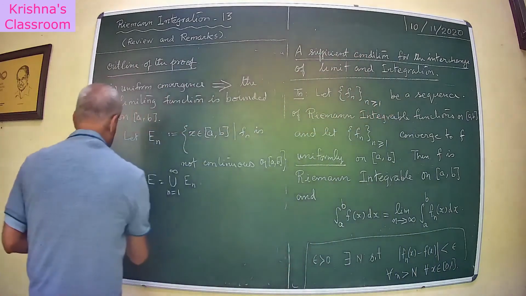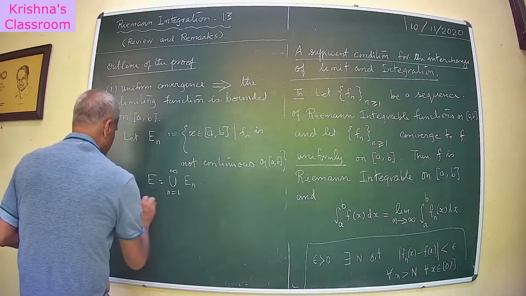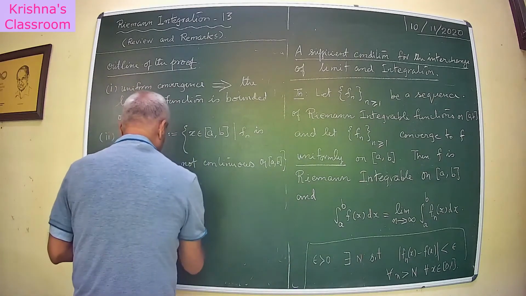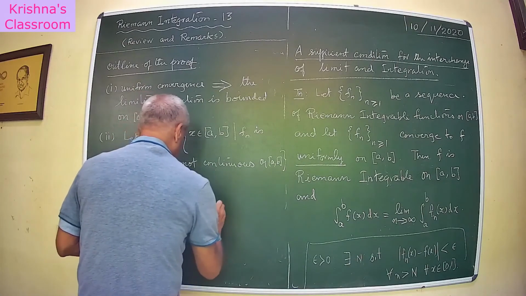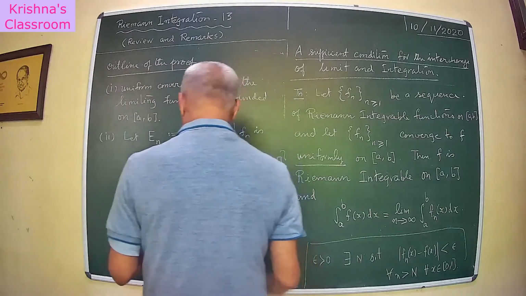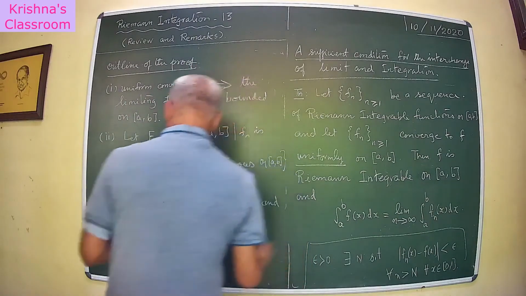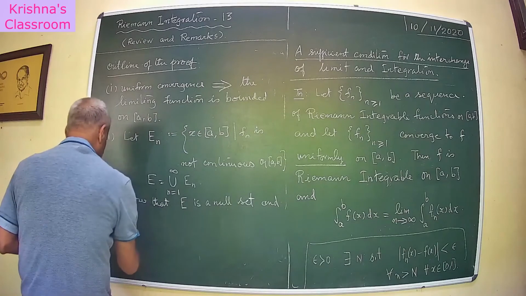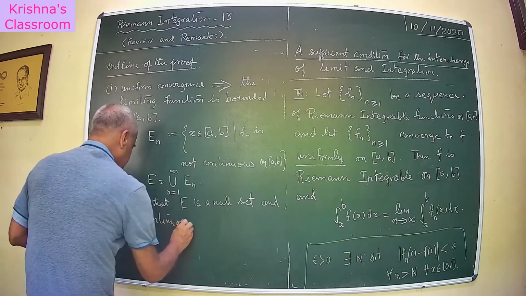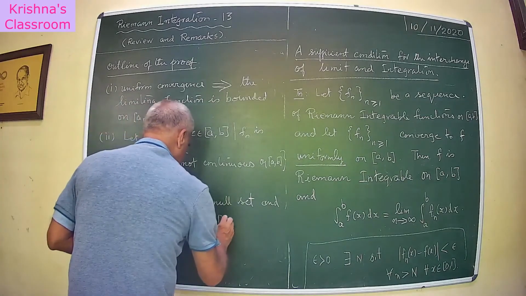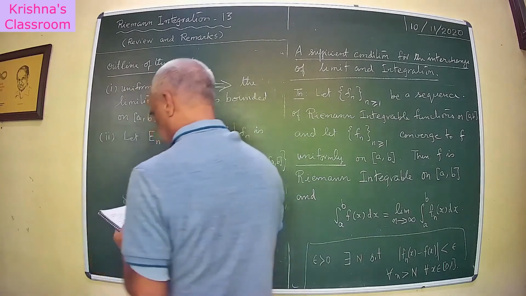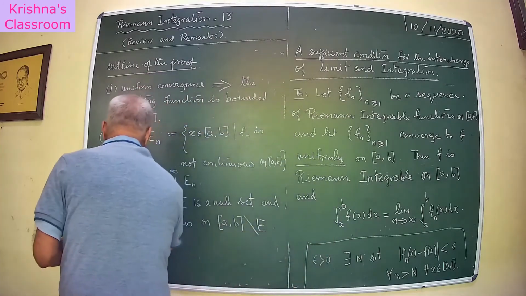Show that E is a null set, and this would imply the result.